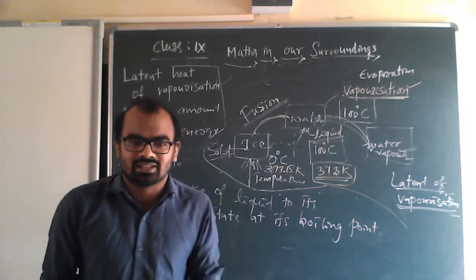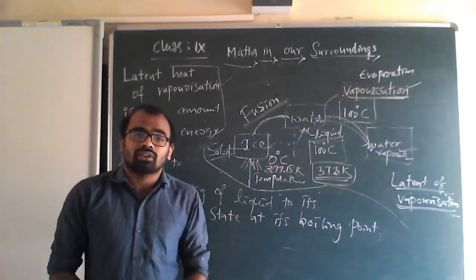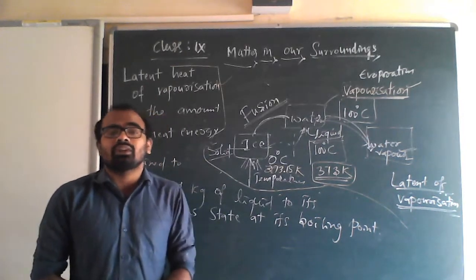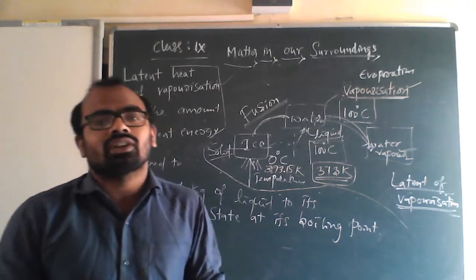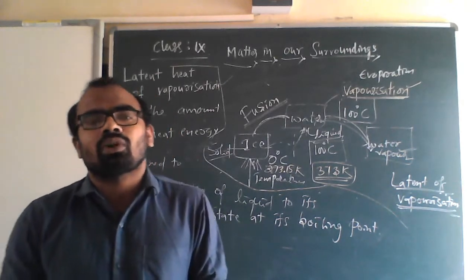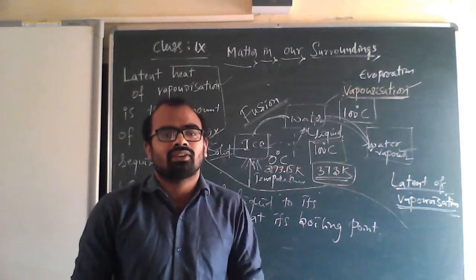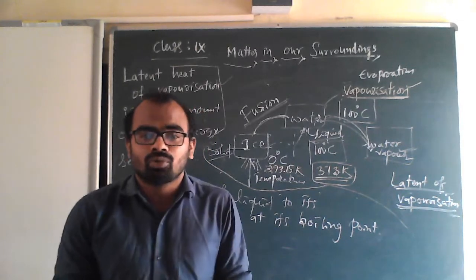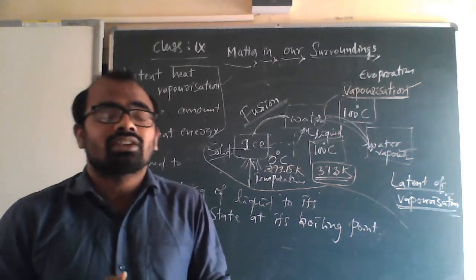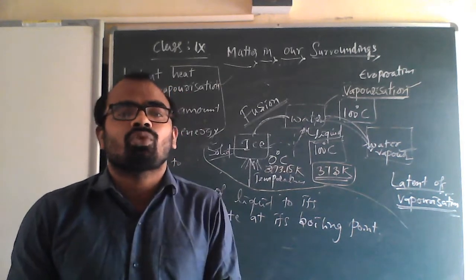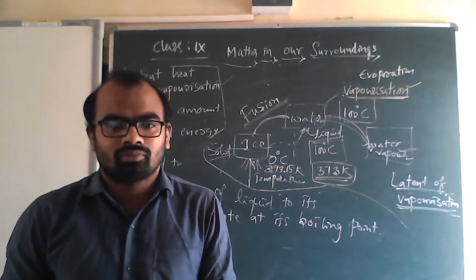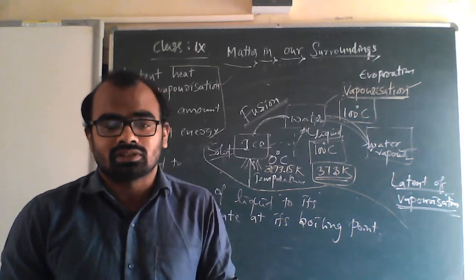In Kelvin, the melting point is 273.15 Kelvin or 273 Kelvin, and the boiling point is 373 Kelvin or 373.15 Kelvin. You should remember these things.